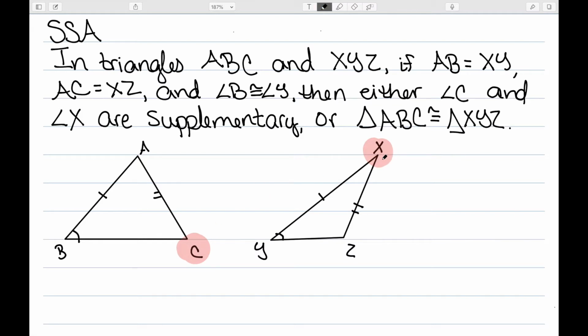So this one actually is going to have 2 cases. Either they're congruent, or these 2 angles here will be supplementary.